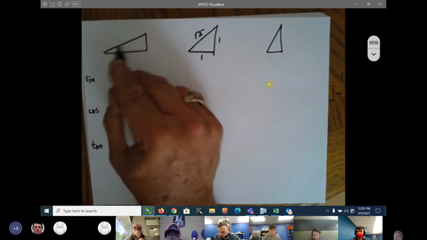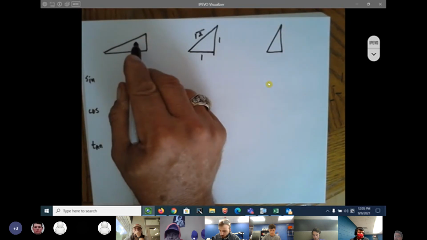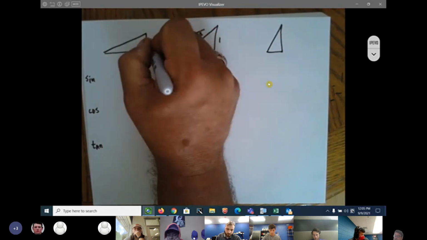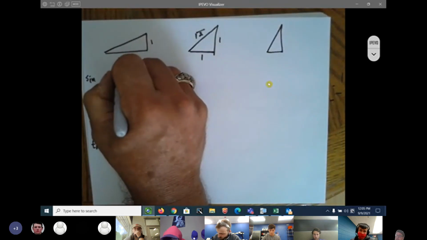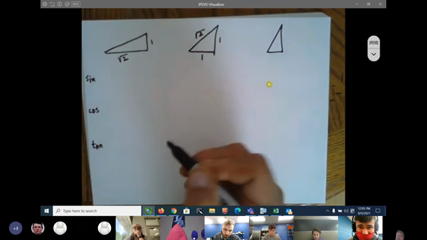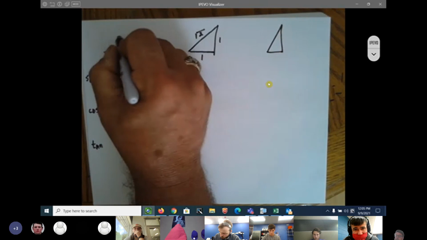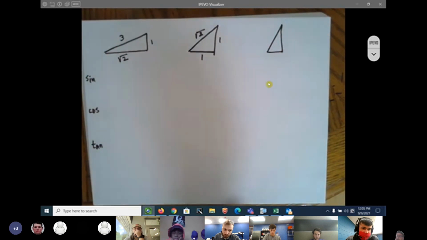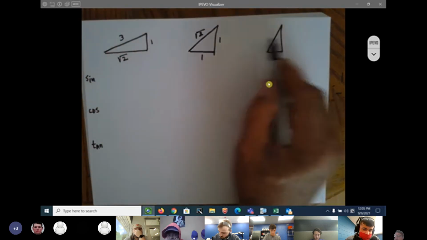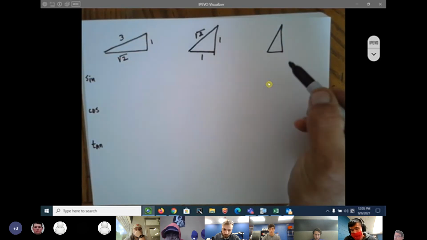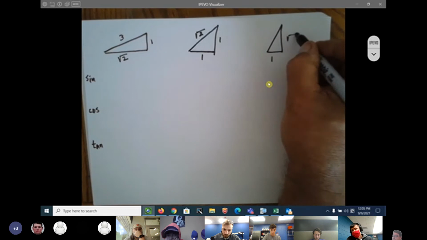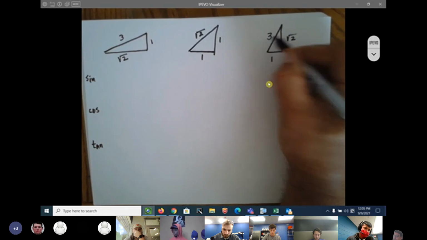And the other is easy to remember because 1 is the short side, square root of 2 is the second to the longest side, then that would make this 3. And then the 60 and the 30 are related to each other because all you got to do is stand this up on its side, and you got 1, square root of 2, and 3.